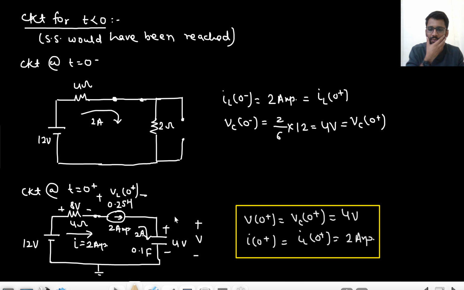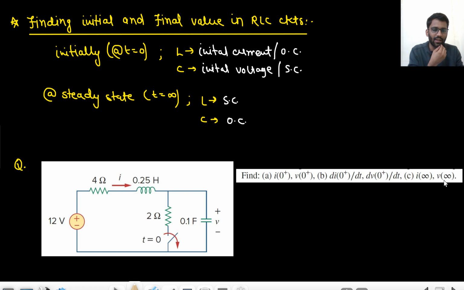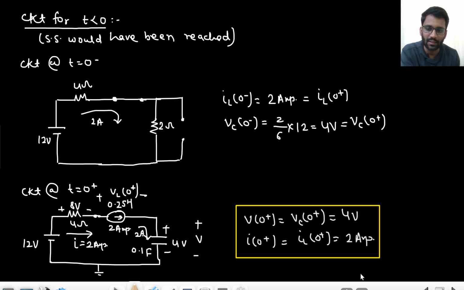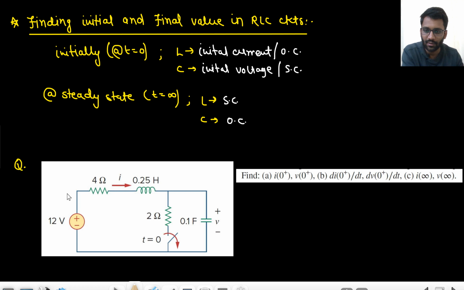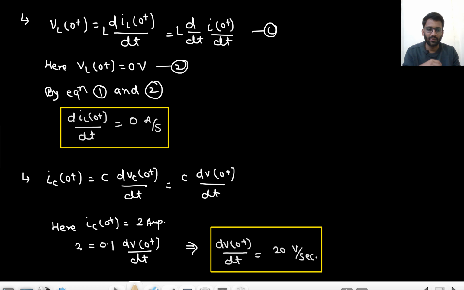Now at infinity you need to know, at infinity what will happen? Now what is the thing that you know? I of infinity, V of infinity. So circuit at t equals to infinity. Is there a 12 volt battery? 12 volt battery is there. This will be shorted. This will be open circuited. This is already gone. So basically 12 volt battery is there.